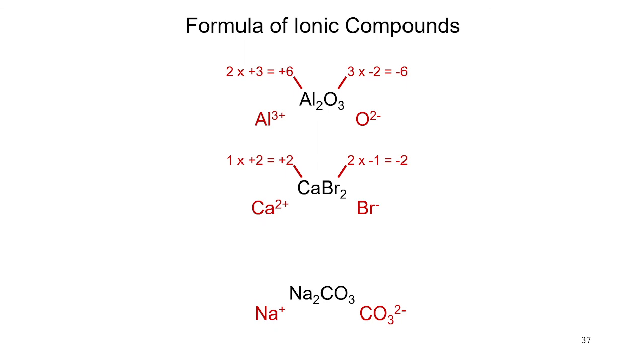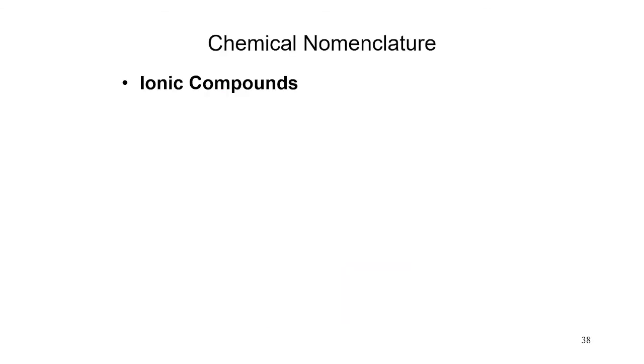So since we have 2 sodium, we have there 2 times, baliktad na plus, this should be 2 times positive 1. Parehas naman yung sagot pero to avoid confusion. And we have here 1 times negative 2, which is negative 2, so 2 plus negative 2 is 0.